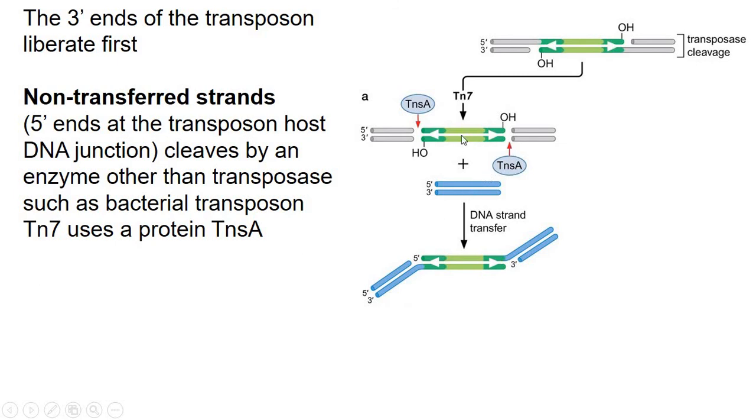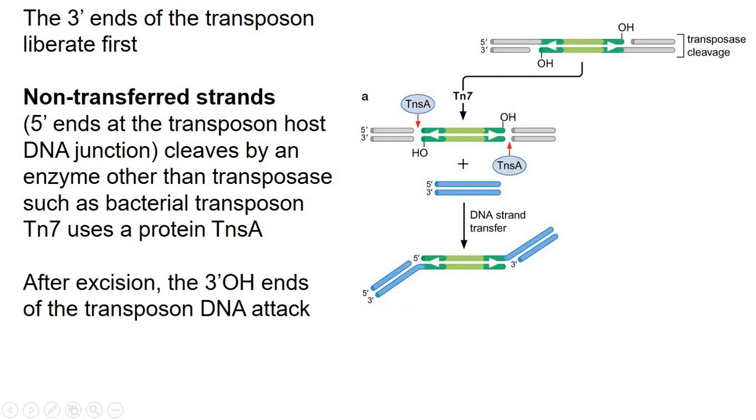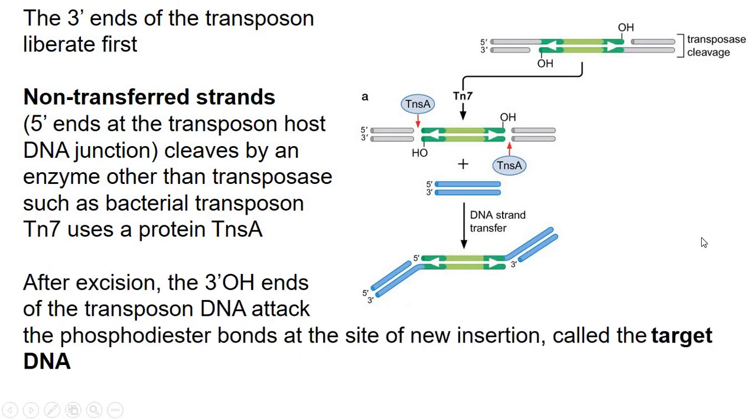Now this molecule is out. Both ends have a hydroxyl group. This hydroxyl group will then make the break wherever it's going to insert itself, and then it will transfer there. So this 3' hydroxyl end attacks the DNA phosphodiester bond at the site of insertion. It's called the target DNA, and it inserts itself into this target.